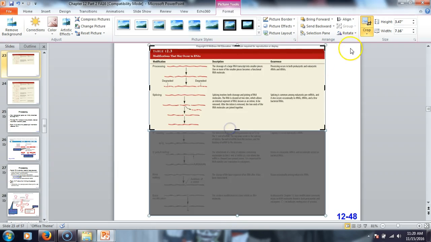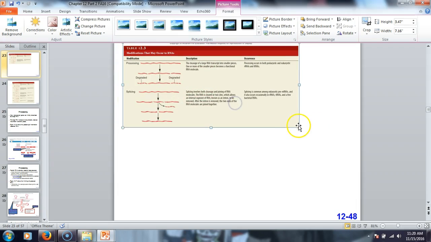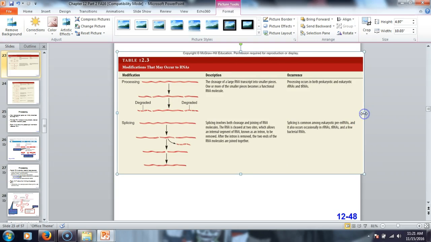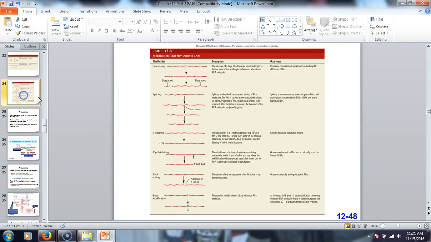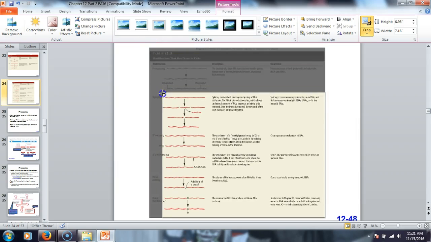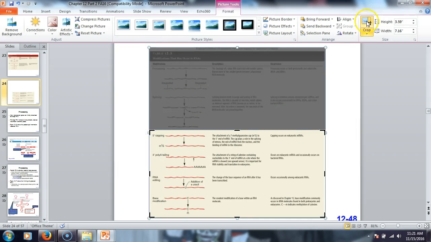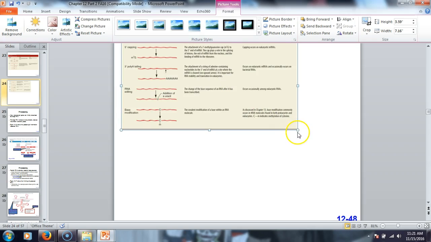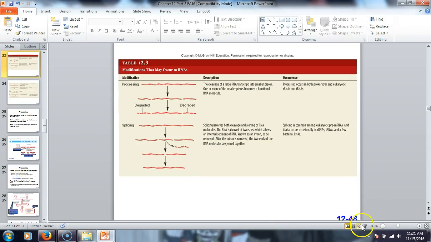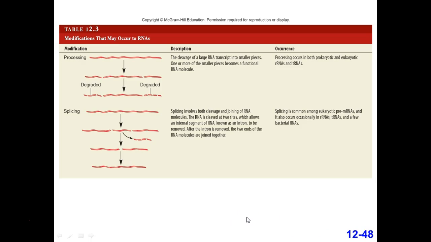Cut it in half. I hate when they put stuff in tables sometimes. Alright, that should be good. Okay, that should be somewhat readable. The picture is what I care most about. You guys can read the stuff in your book.